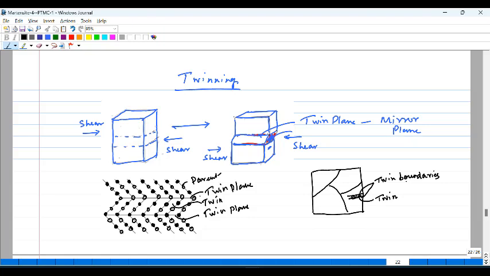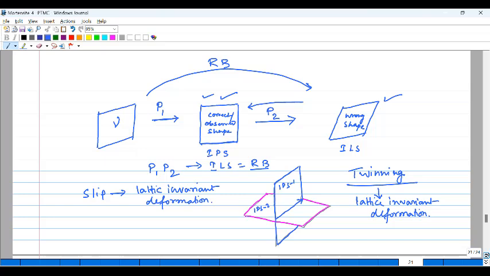Okay. Now let me quickly come to how you can correct this shape to the right shape. If we can have a lattice invariant shear such as slip or twinning being applied here, then this will cancel the shape change due to the second shear, and the correct observed shape would be obtained, because a slip or twinning will only change the shape without changing the crystal structure, right?